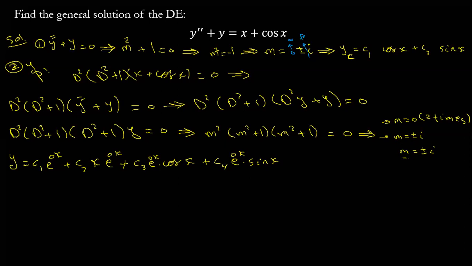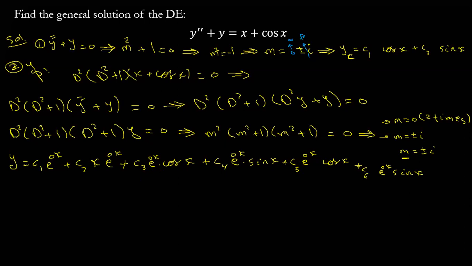Now for the rest, it is C5 e to the 0x cosine x, plus C6 e to the 0x sine x. Focus now, Rahma. I think the term you multiplied by C5 is the same as the one you multiplied by C3, am I right?